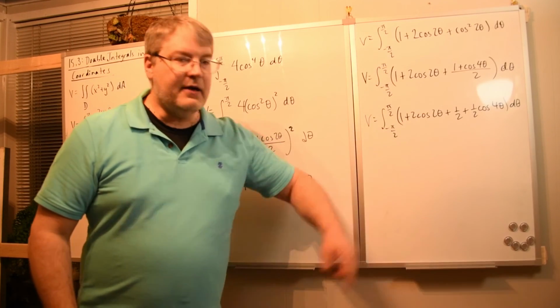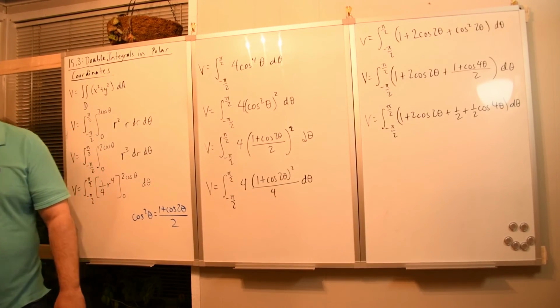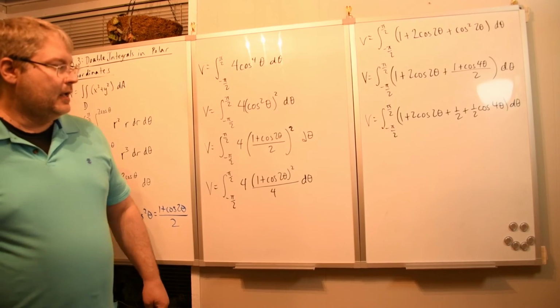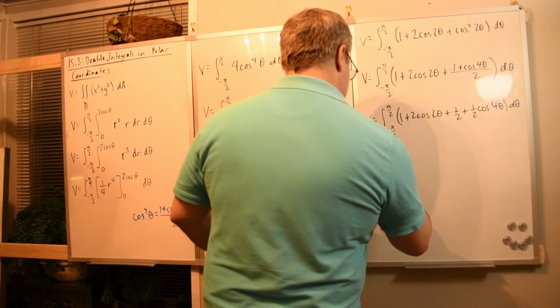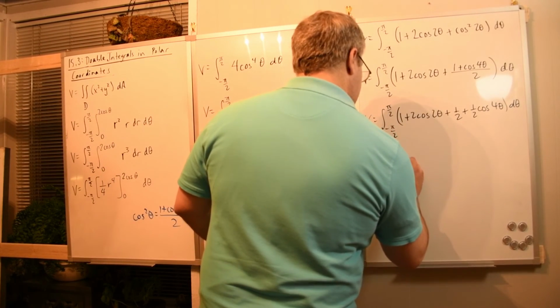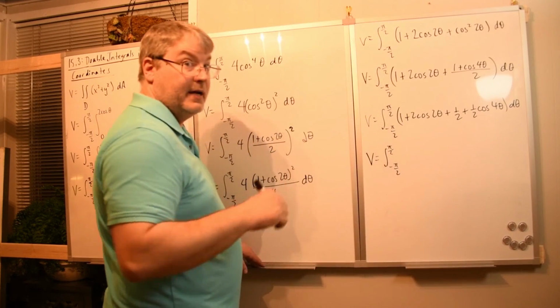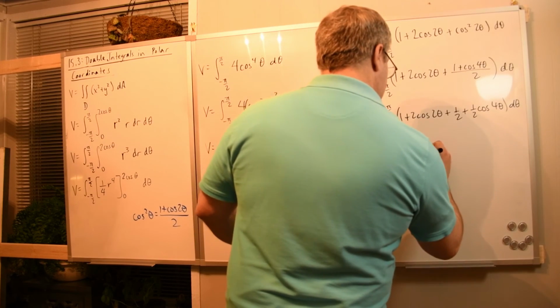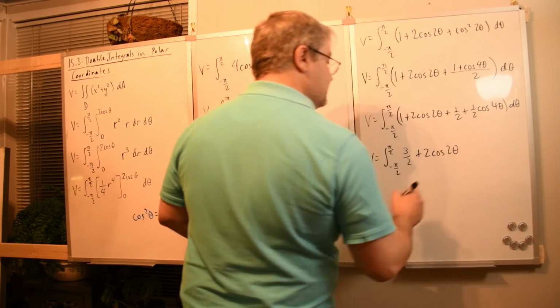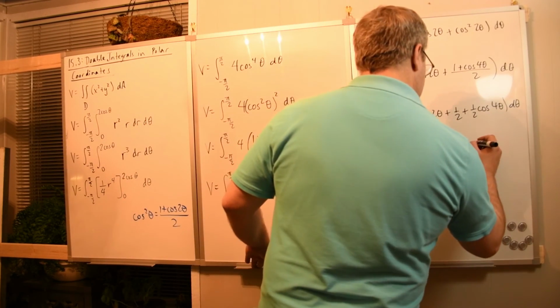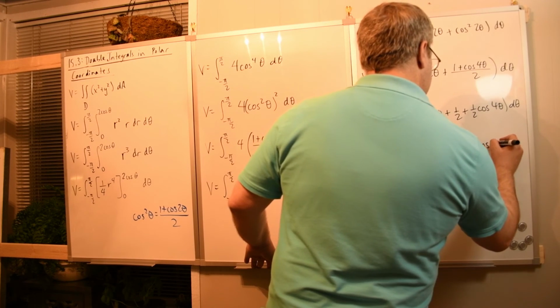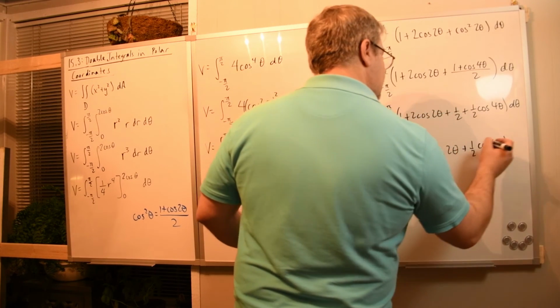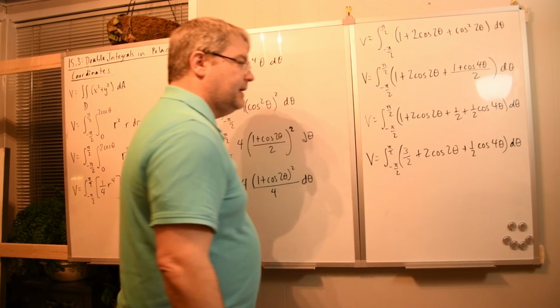And the 1 plus a half, well, you can add those together, they'll give you 3 halves. So the volume is going to be integral negative pi over 2 to positive pi over 2, 3 halves plus 2 cosine 2 theta plus a half cosine 4 theta d theta.